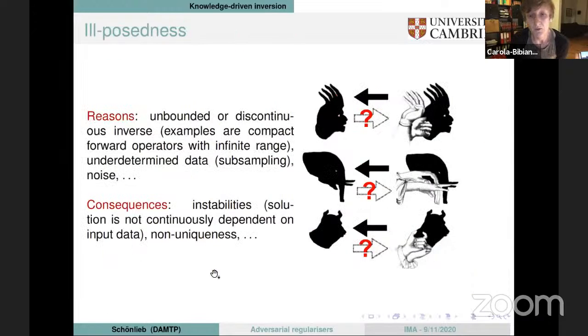So why these problems are so tremendously difficult to solve, even if you're starting with a linear and bounded operator, capital T, is that they're ill-posed in the sense that this capital T is not invertible or has an unbounded or discontinuous inverse. And examples for such forward operators are compact forward operators with infinite range.